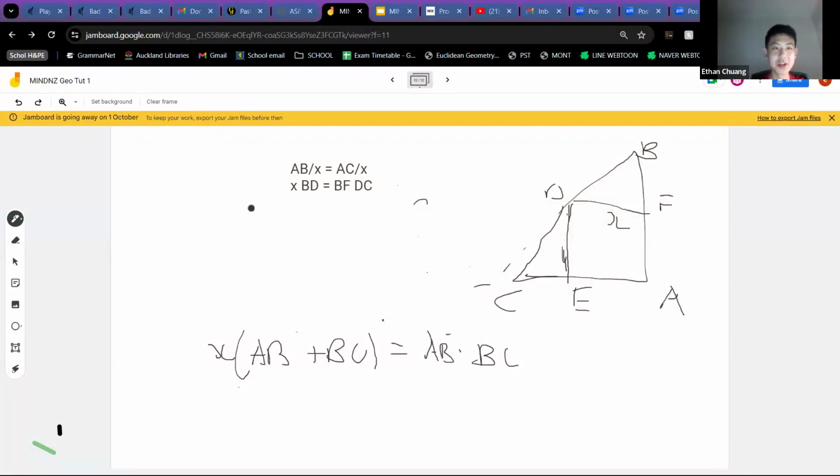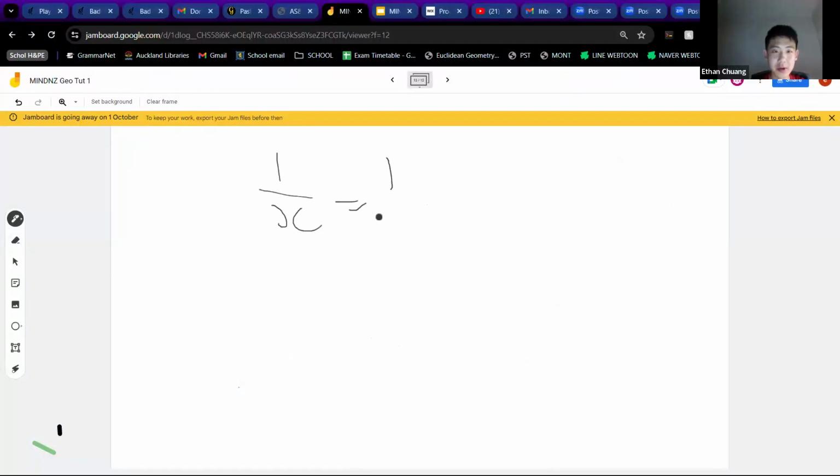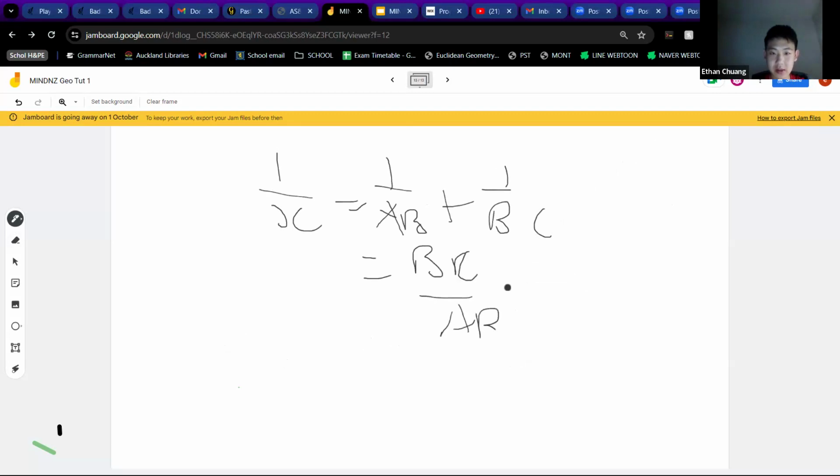I'll go over the rearranging again. So we have, I think the equation was 1 over AB plus 1 over BC. So we turn this into one fraction, right? So we have BC over AB equals AB.